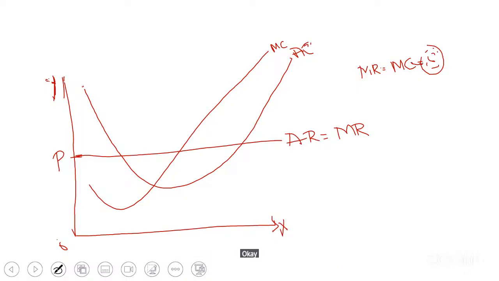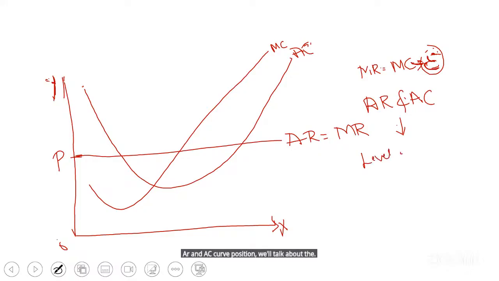But the AR and AC curves' position will talk about the level of profit or loss.